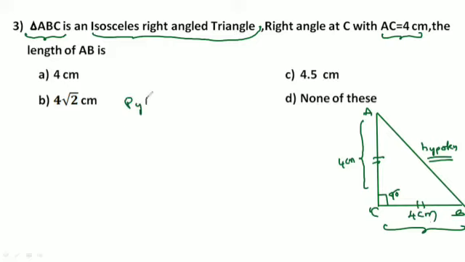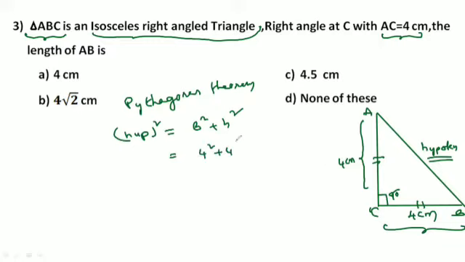So by using Pythagoras theorem, hypotenuse squared is equal to base squared plus height squared. Got it? Now hypotenuse squared is equal to 4 squared plus again 4 squared. Now that is equal to 16 plus 16.